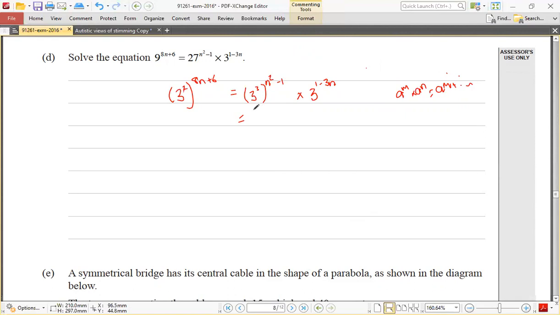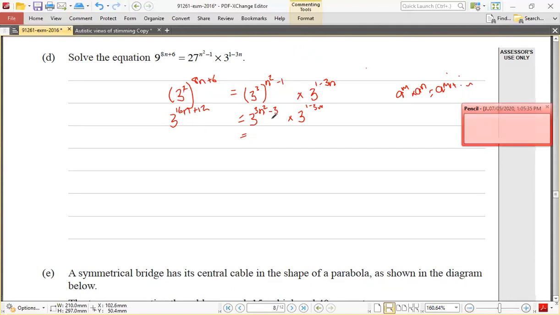That's going to be 3 to the power of 16n plus 12. And that's going to be 3 to the power of 3n squared minus 3, and that's times 3 to the 1 minus 3n.